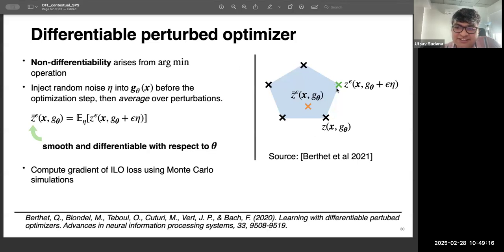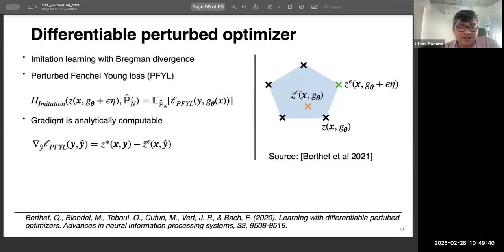And now what they do is they take the average decision, the expectation over noise of these decisions that you are implementing. Now this Z that you got, which is an averaged Z, the average decision, is smooth and differentiable with respect to theta. You can plug this Z into your loss function and you can compute the gradients using Monte Carlo simulations.